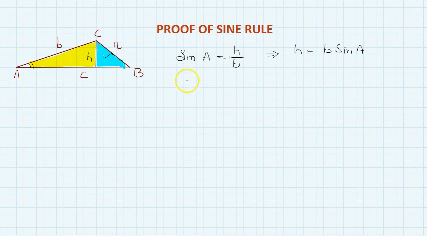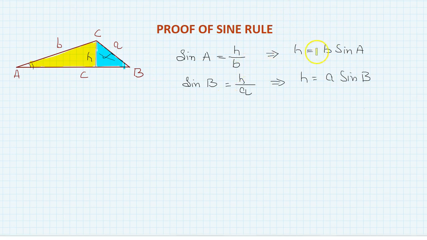So we have sine B is equal to opposite, the same h, over hypotenuse A. So it shows h is equal to A sine B.